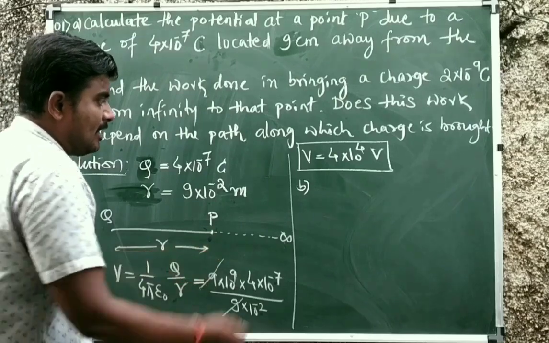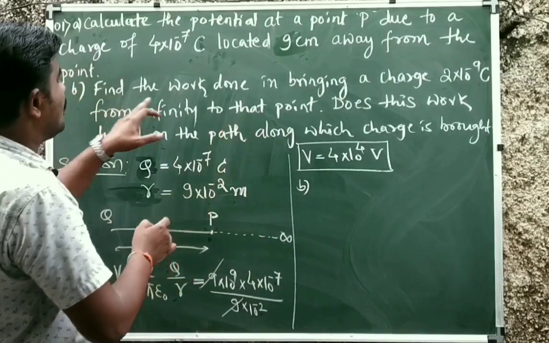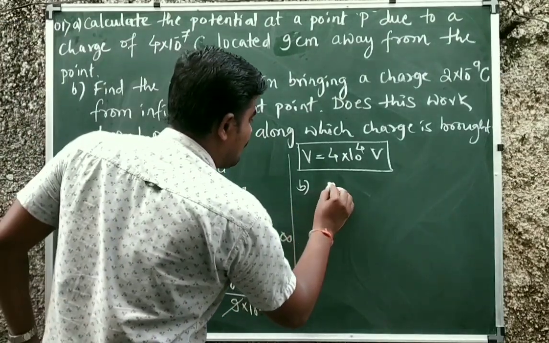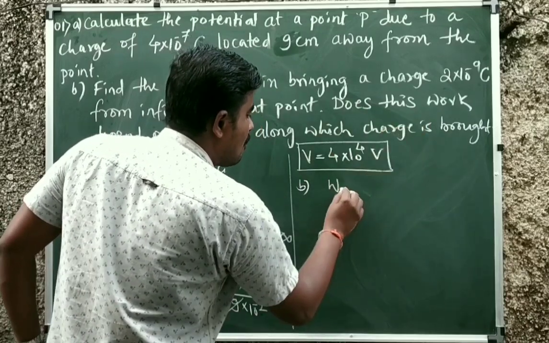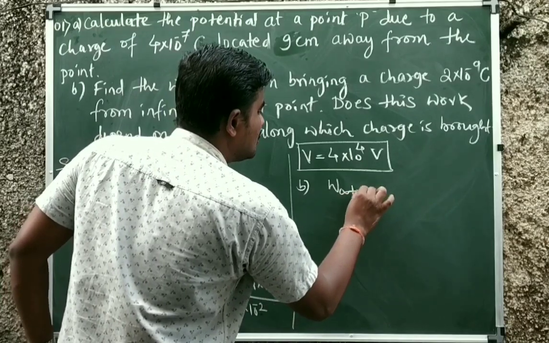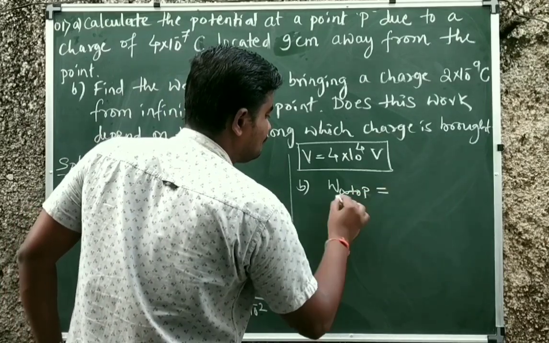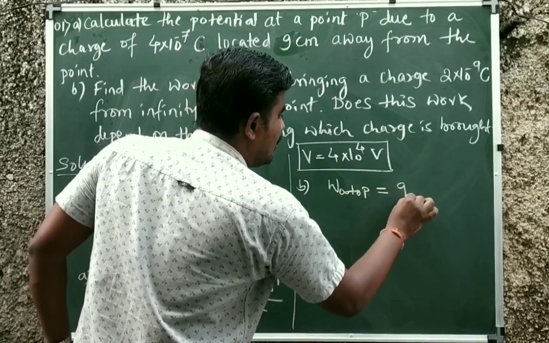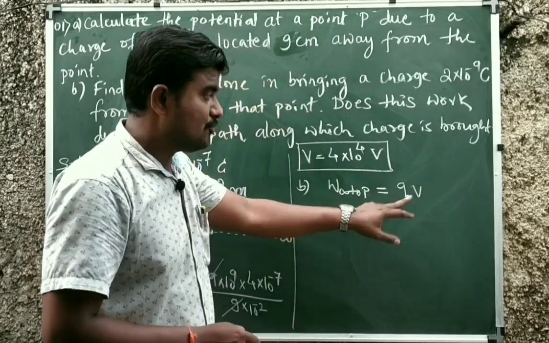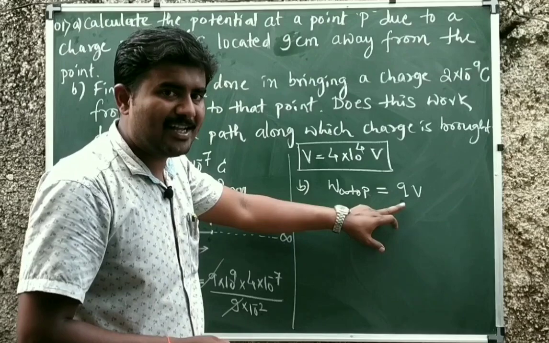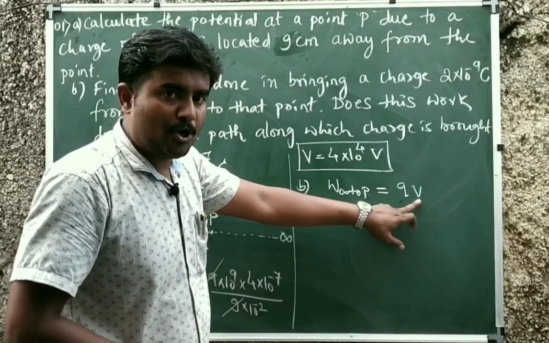They have asked to calculate work done. Therefore, the work done in bringing a charge from infinity to that point P is equal to Q into V, where Q is the test charge and V is the potential.